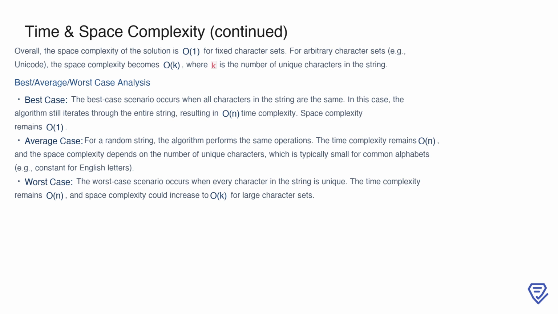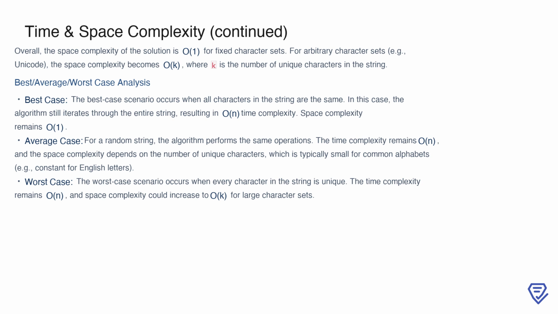However, for arbitrary character sets, such as Unicode, the space complexity becomes O(k), where k is the number of unique characters in the string. Now, let's analyze the algorithm under different cases. In the best case, when all characters in the string are identical, the algorithm still processes the entire string, resulting in O(n) time complexity and O(1) space complexity.